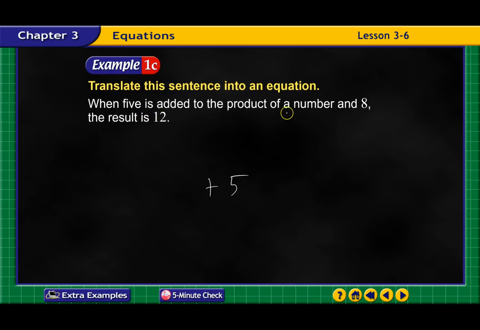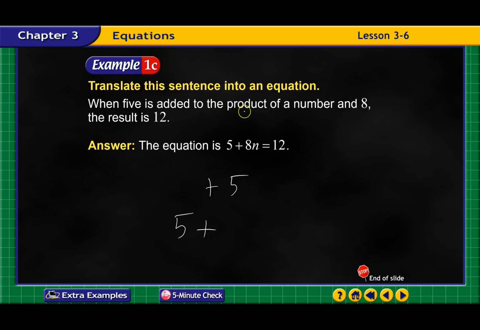Is added to the product of a number and 8, then the result is 12. I think that's going to be, yep, plus, oh, they did it the other way. So they did it straight up: 5 is added to the product of a number and 8, and the result is 12.